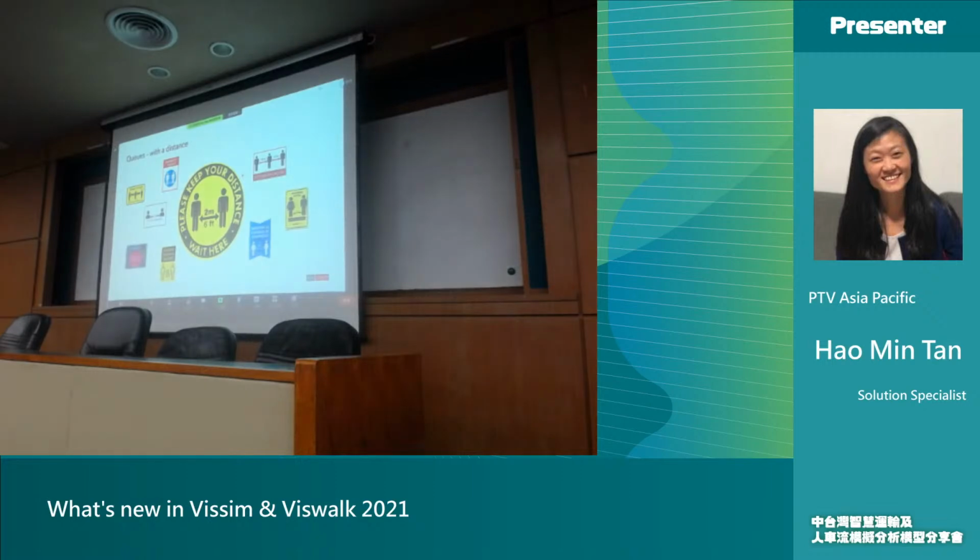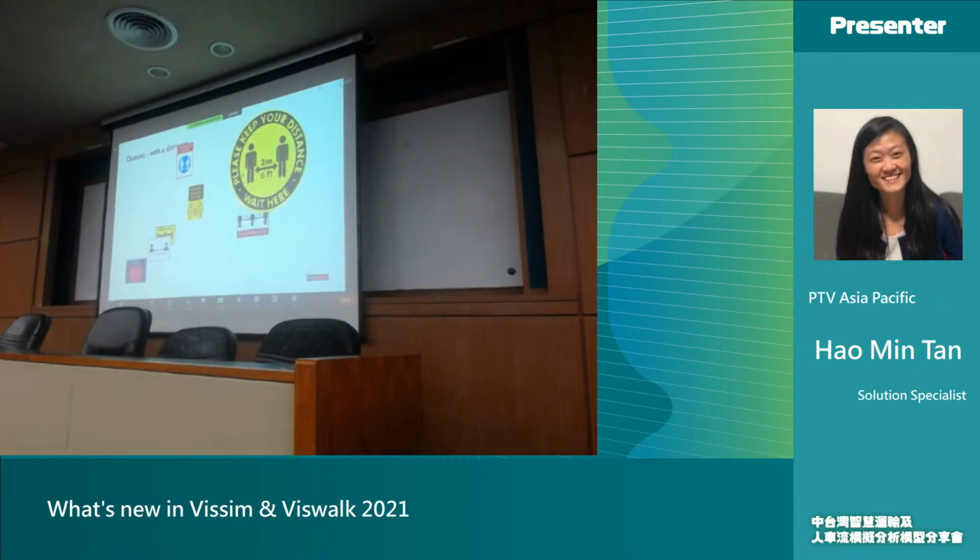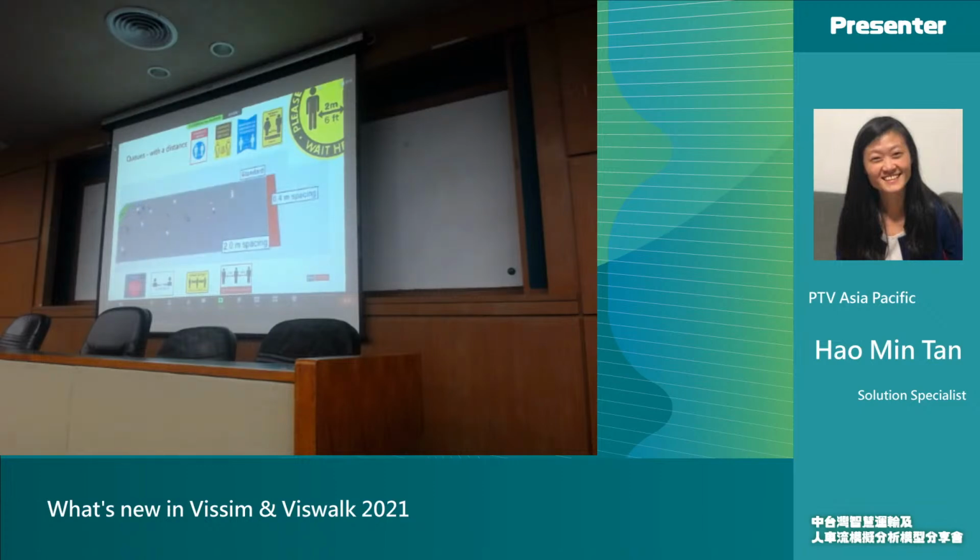And going towards more pandemic modeling, we have also set up queues with distance between pedestrians. You can now set, for example, 0.4 meter spacing, exact spacing, or in the Singapore context, we usually have a 2 meter spacing.